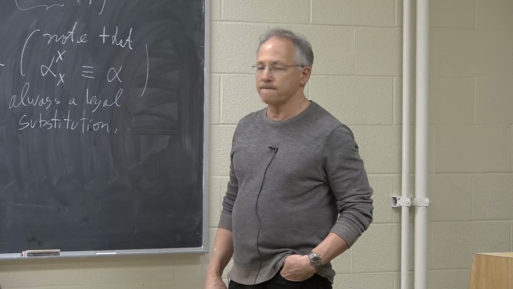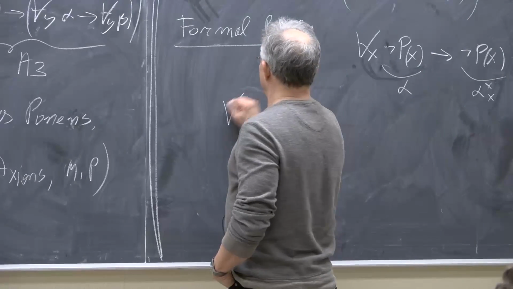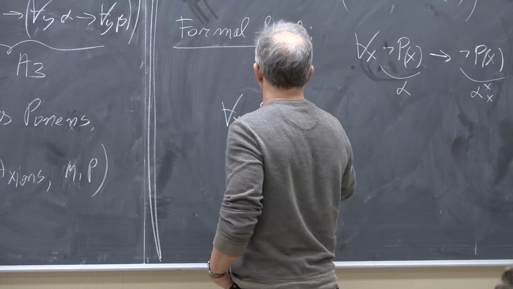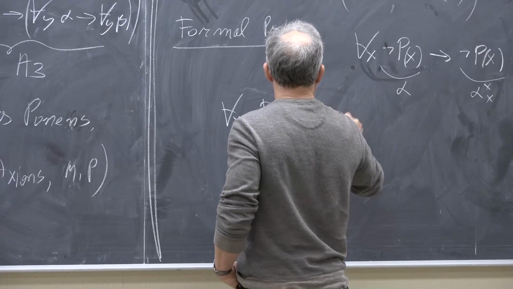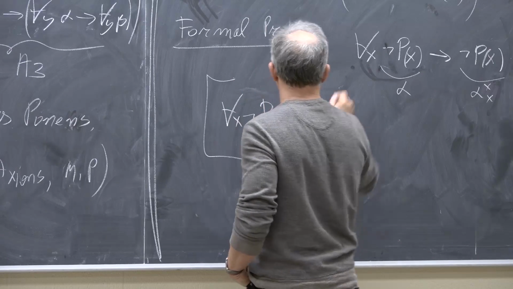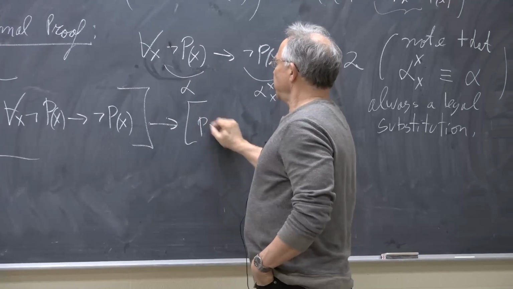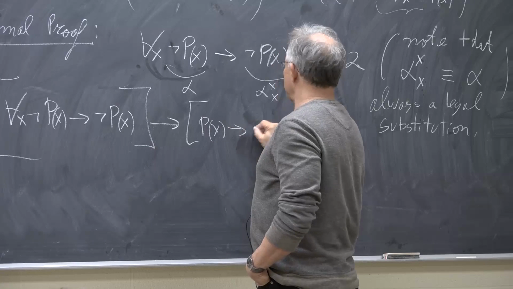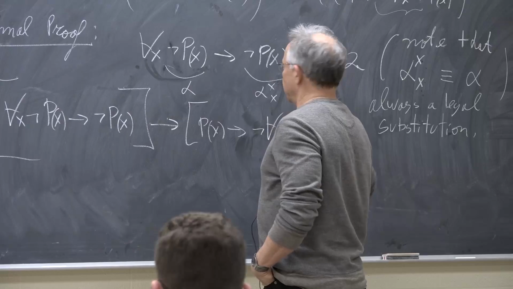Now what I'm going to write is "for all x, not P of x arrows not P of x, arrows P of x, arrows not for all x, not P of x."